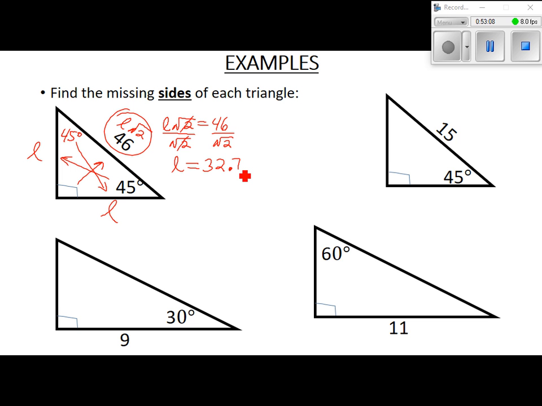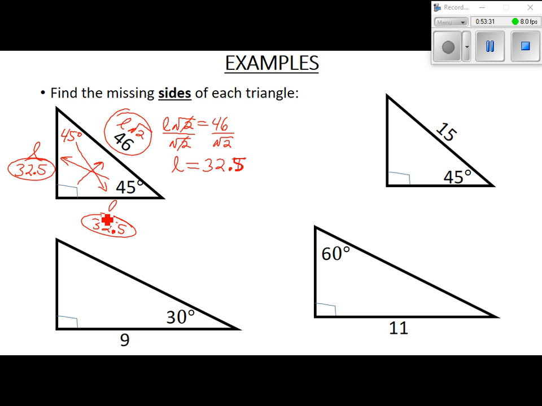Oh, 32.5. I thought you said 32.65, so I rounded up. So 32.5. How long is this side in this triangle then? 32.5. How long is this side? 32.5.